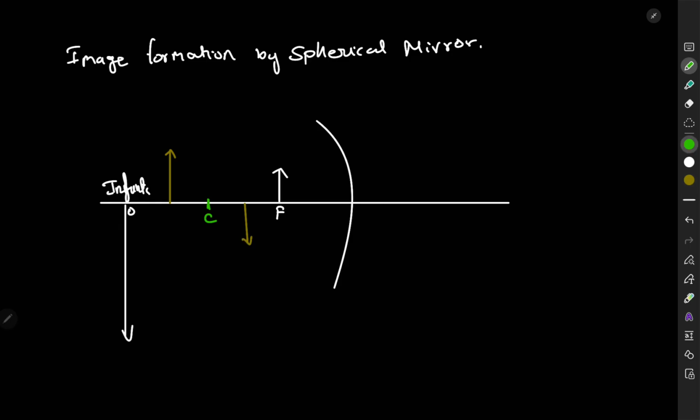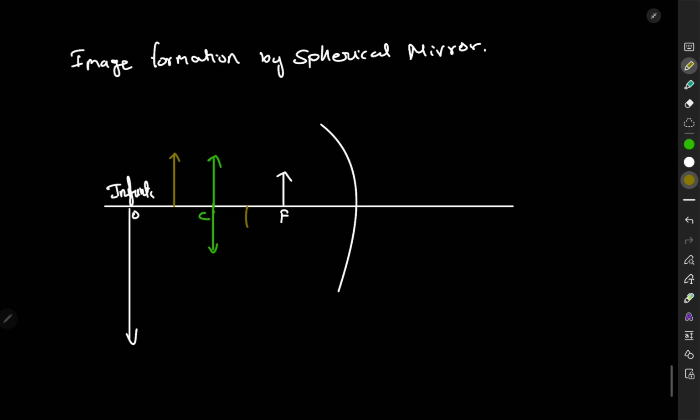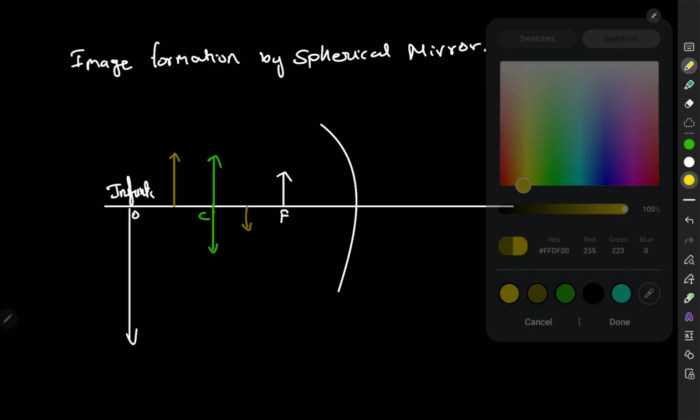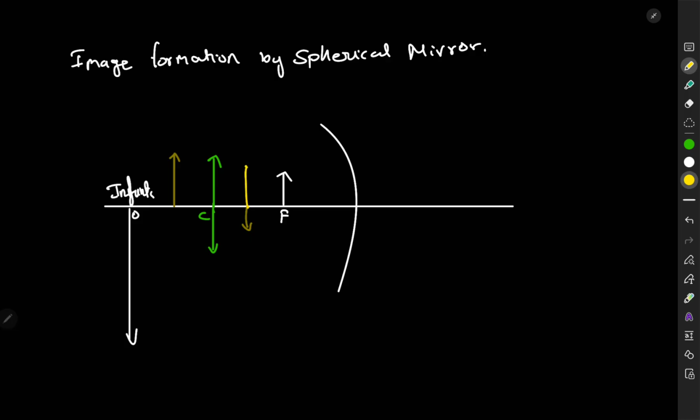Similarly, when the object is at C, the image will be inverted and of the same height. Okay, when the object is beyond C, the image will be diminished. And when the object is placed between C and F, the image will be formed between infinity and C, and the image will be increased in size.